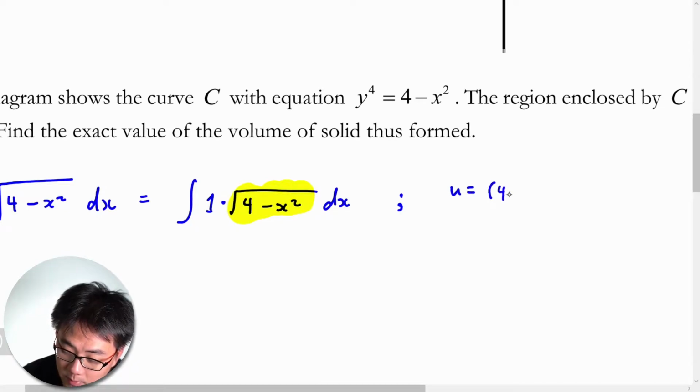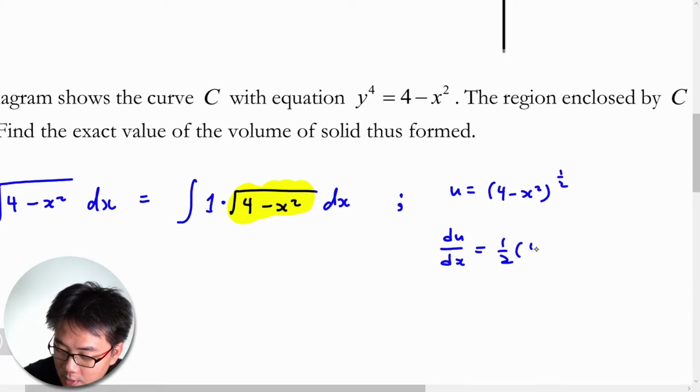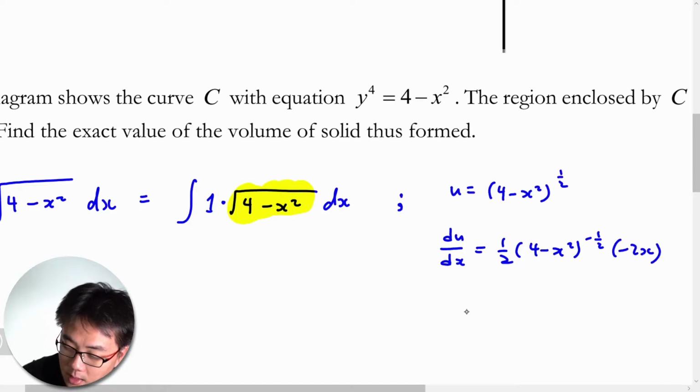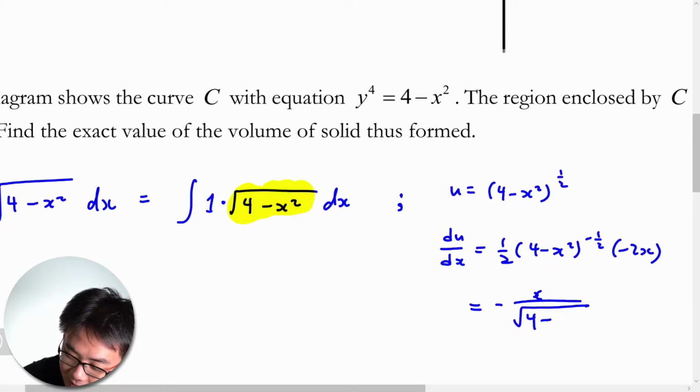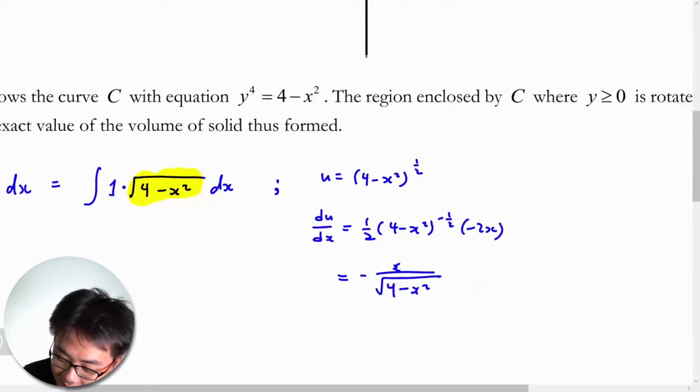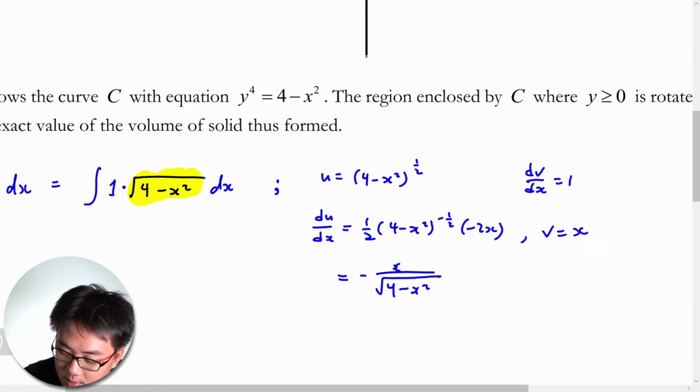So this is the square root of 4 minus x squared. So du dx is half of 4 minus x squared to the power of minus half, times minus 2x. Ta-da! We're going to get minus x over the square root of 4 minus x squared. Then dv dx is 1, and I know my v is equal to x.